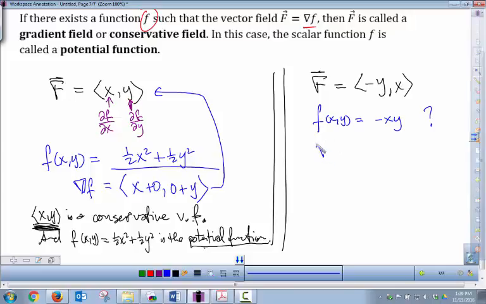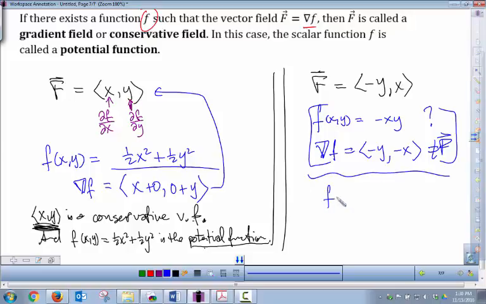So let's see, the gradient of this, the derivative of this with respect to x is negative y, the derivative of this with respect to y is negative x. Well, that's not the same. Another try. No. But we should try anyways.